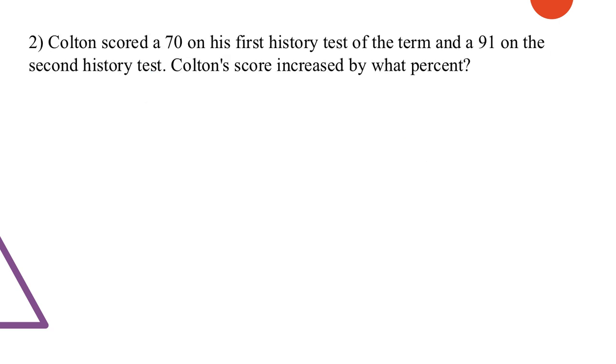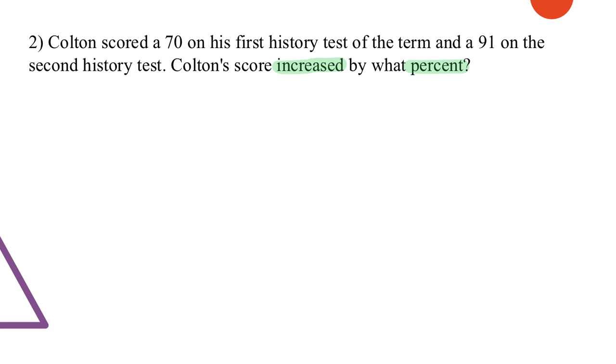Number 2. Colton scored a 70 on his first history test of the term and a 91 on the second history test. Colton's score increased by what percent? We're looking for an increase of percent. He started at a 70 and then he ended up with a 91.